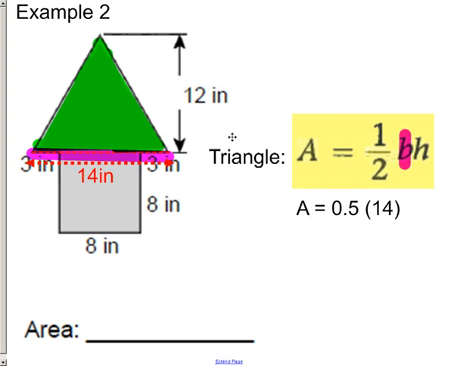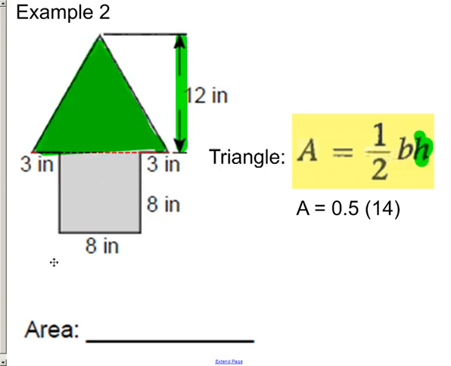So the base of that triangle is 14 inches. So let's go ahead and put that into our formula. Again, anytime you see 1/2, you could just type it into your calculator as 0.5. But that base, 14 inches, that B right there would be 14. Now we just need to find the height of the triangle. Same thing we did last time. If from there to there is 12 inches, we could put that 12 inches right there in the center of the triangle at 90 degrees, and that would be our height.